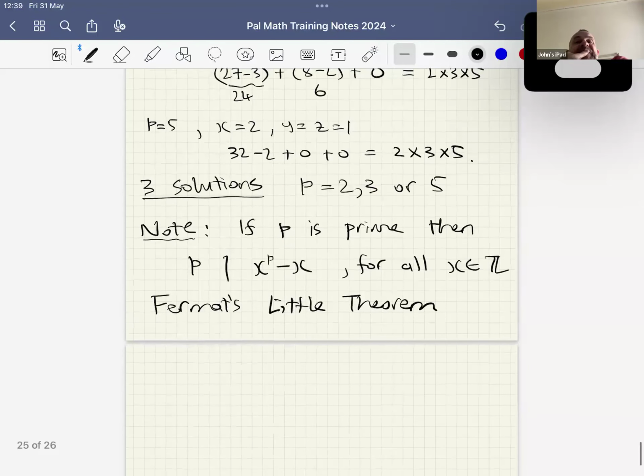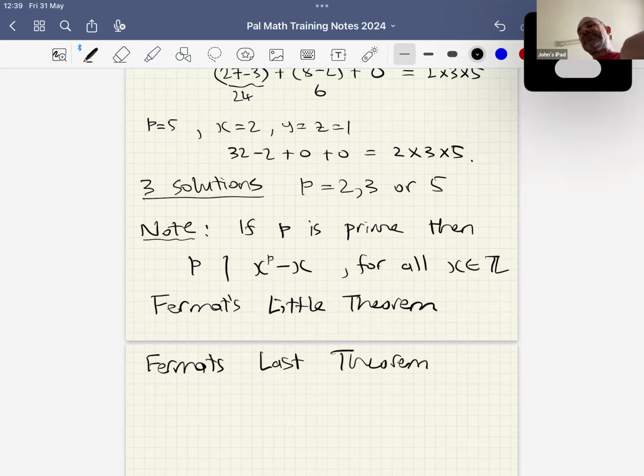So this is a very famous theorem. Of course, Fermat's last theorem is completely different and much harder. Fermat's last theorem was proved by Andrew Wiles and his student, I think, Taylor, in about 1995.